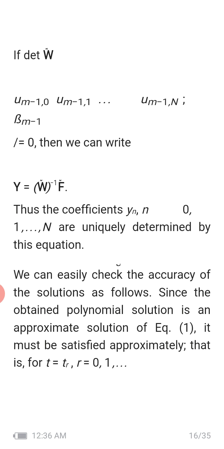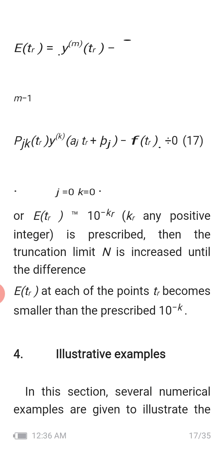Then we can easily check the accuracy of the solution as follows. Since the obtained polynomial solution is an approximate solution of equation number 1, we can get those values of E of t_r. Finally, we got the value of E of t_r.